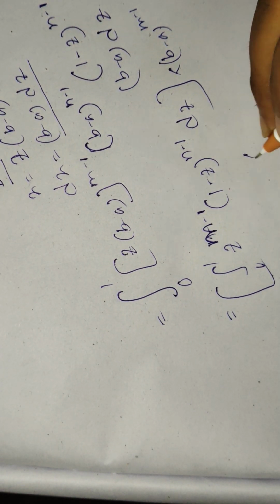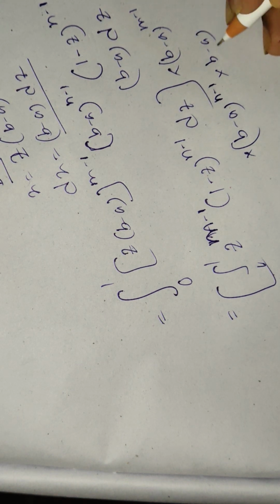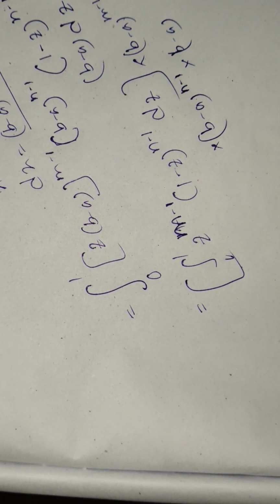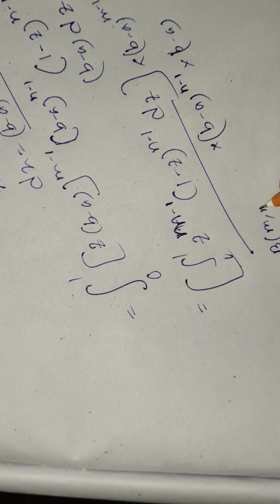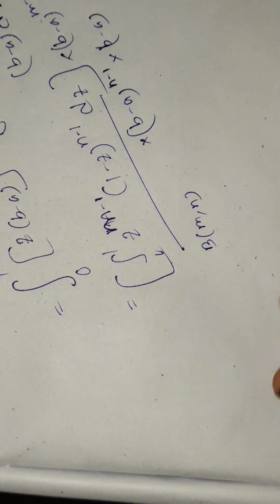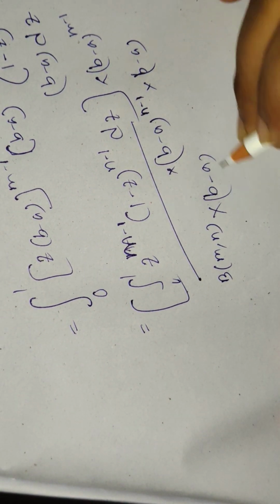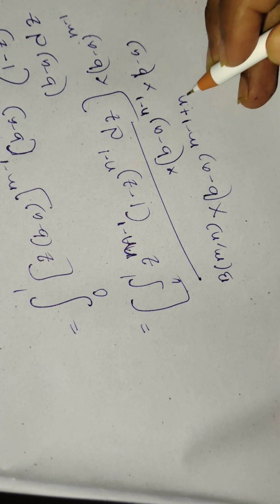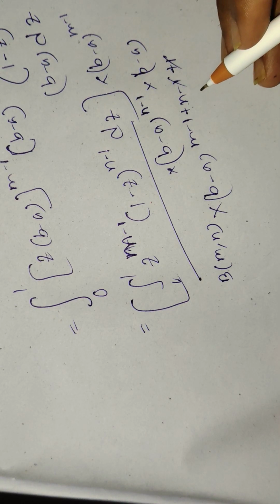Now I'm doing simple algebra, nothing more than that. This is the beta function, beta of m comma n. So this is into (b minus a) to the power m minus 1 plus n minus 1 plus 1. Plus 1 and minus 1 cancel out.